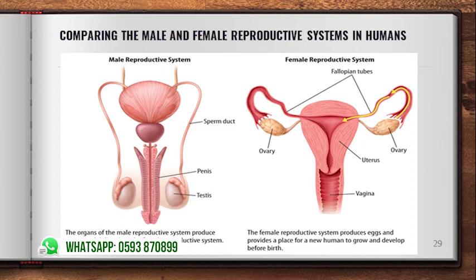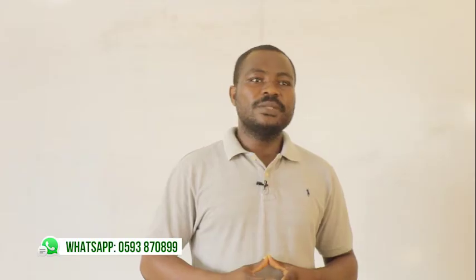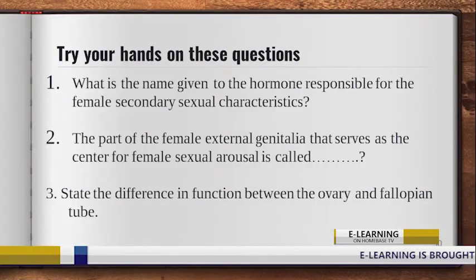I want you to look at the diagram again, just for a few seconds. Okay. And with what we've done so far, try your hands on these questions. Question 1.